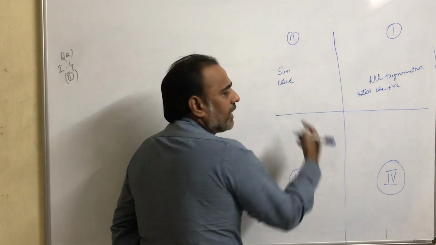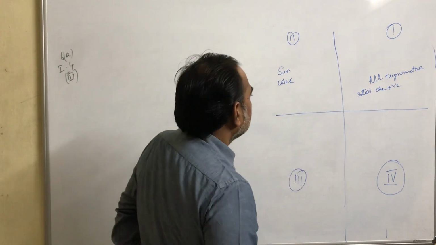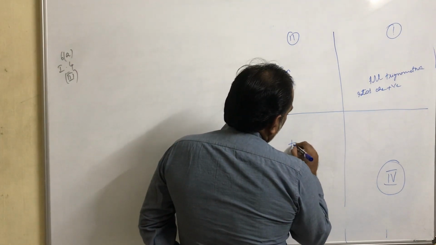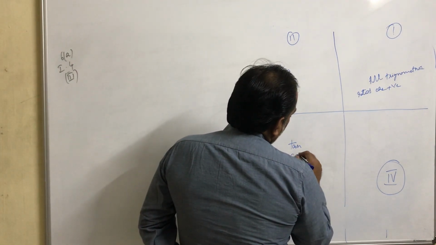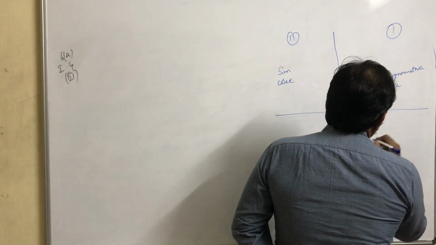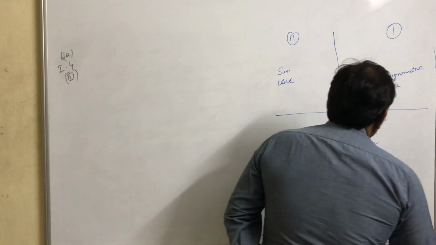Why are sine and cosecant positive? We already discussed, right? Just refer to the previous video. And in the third quadrant, tan and cot are positive. And in the fourth quadrant, cos and secant are positive. Okay.